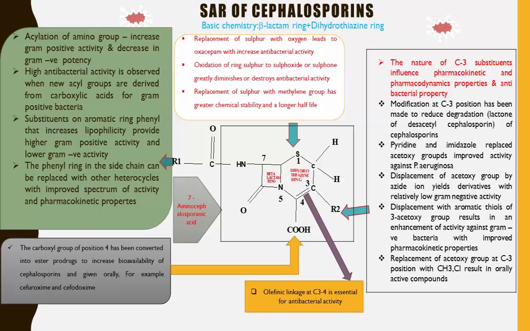Second, oxidation of the ring sulfur to sulfoxide or sulfone diminishes or destroys antibacterial activity. Third, when we replace sulfur with a methylene group, it leads to increased chemical stability and a longer half-life.